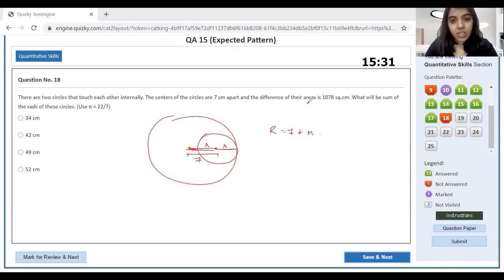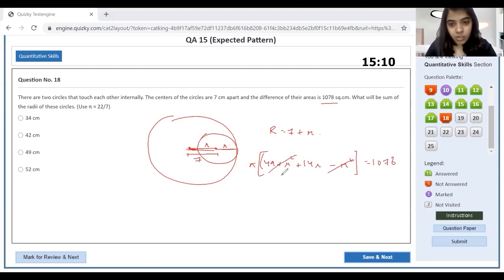And they're telling us the difference of the areas is 1078. So pi into big R square, which is 7 plus r square, 49 plus r square plus 14r, minus small r square, pi R square minus pi r square is equal to 1078.